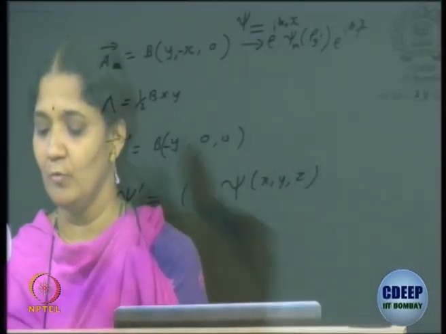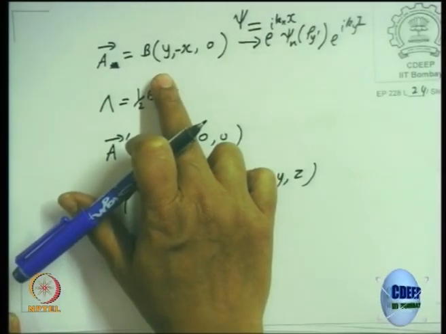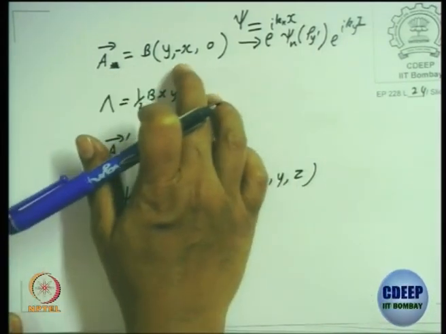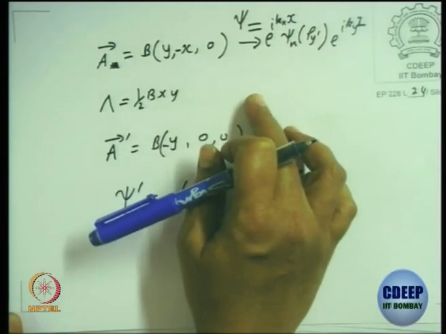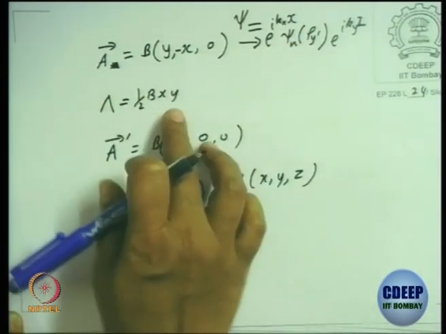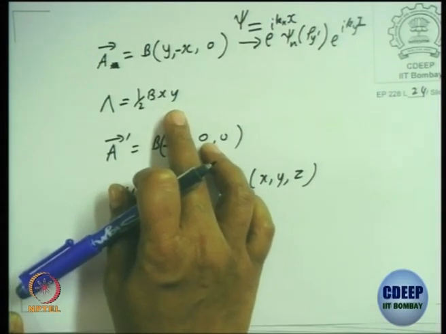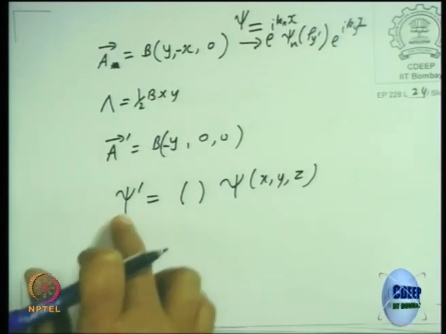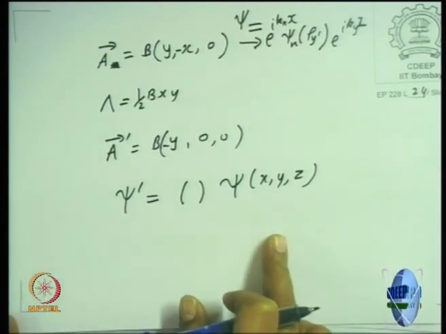Okay, so this is what we did in the class a couple of lectures ago, where we took a choice for A and a trial wave function, but you can also see that by doing a gauge transformation using the lambda gauge parameter, you could get a new vector potential and see how the wave function changes by a phase factor.